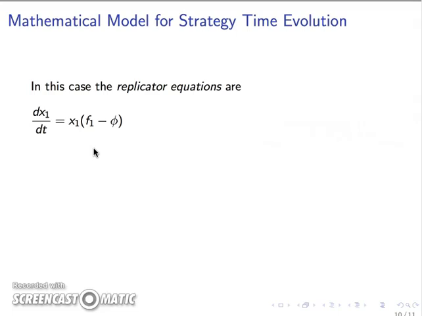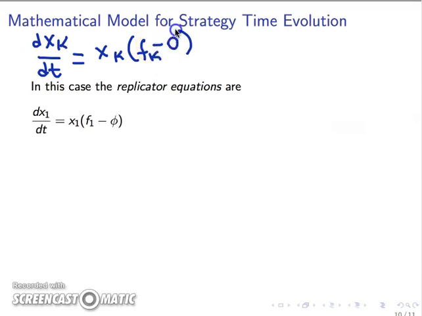In fact, if you're a little mathematical and you wanted to write the equation for xk, this is the mathematical model, then this will be xk times the quantity f sub k, the fitness of the kth type, minus the average fitness.